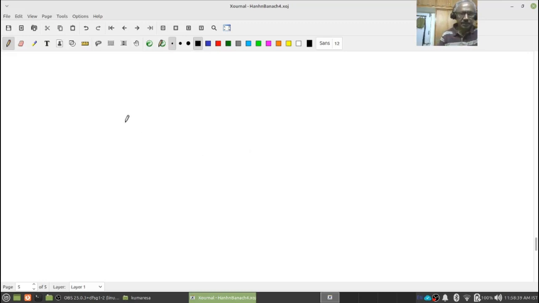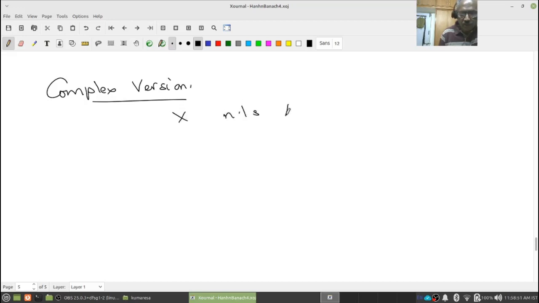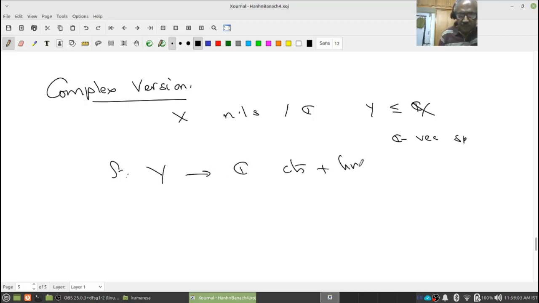Okay, right. Now we want to prove the complex version. What does that mean? Now X is a normed linear space over C. Y is a complex vector space, and F from Y to C is continuous and linear.